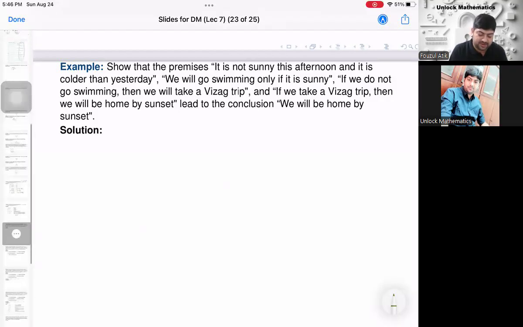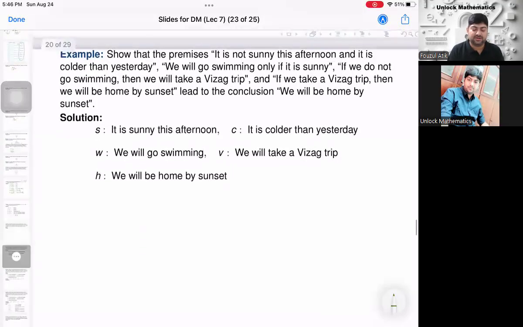I am helping you represent these English sentences. The first job is to represent all these English sentences by propositional variables. Suppose S is it is sunny this afternoon, C is it is colder than yesterday, W is we will go swimming, V is we will take a Vizag trip, H is we will be home by sunset.